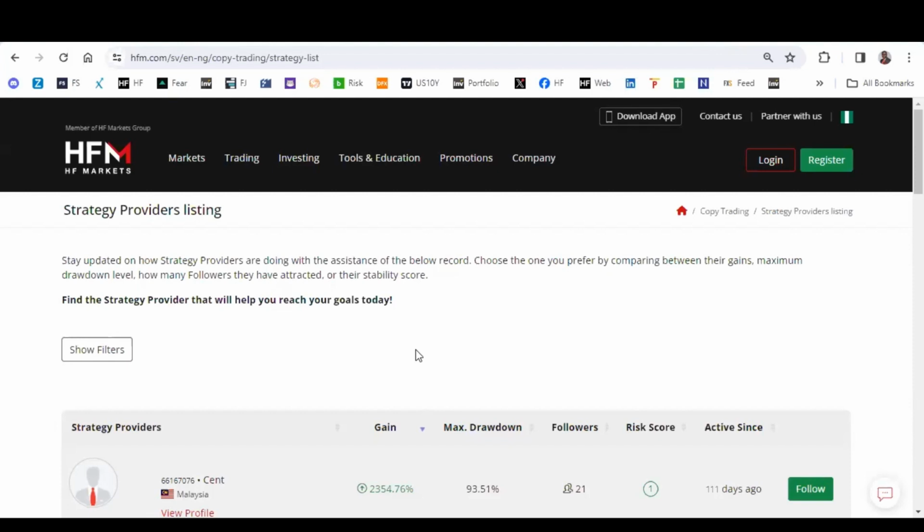You can also look at their stability score, which is their risk score, and the details on the account as to profits and losses. If a person makes 100% this month and loses 50% next month, you already know that's not stable. So you've got to look into the detail. That's why I went through all the details, so you can understand that as well.